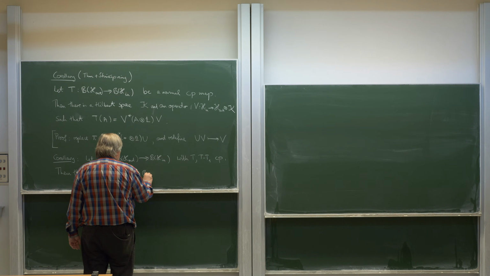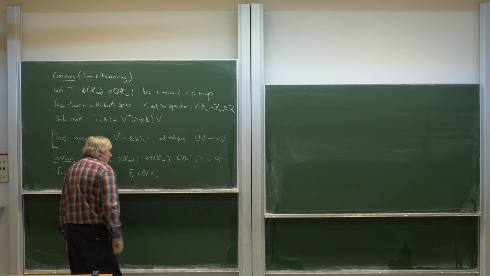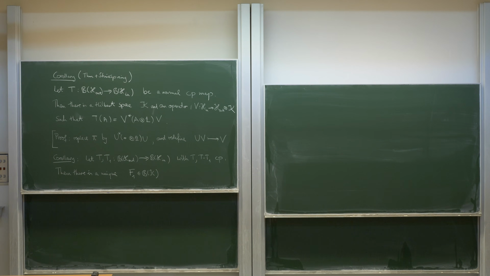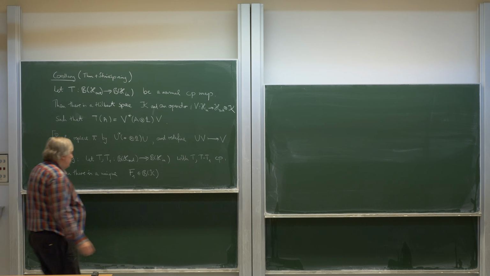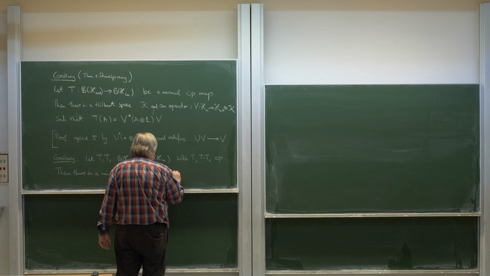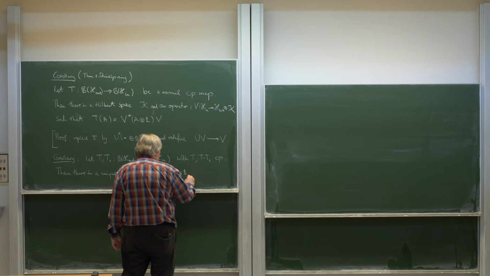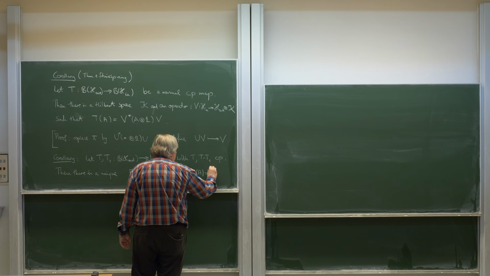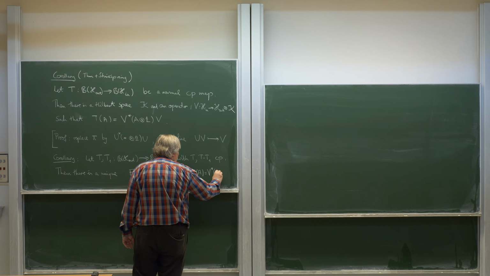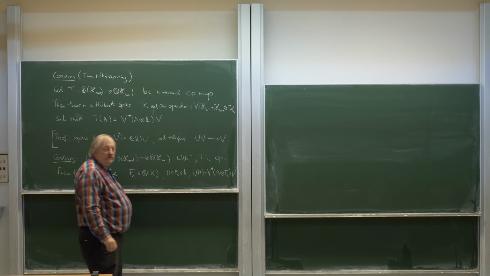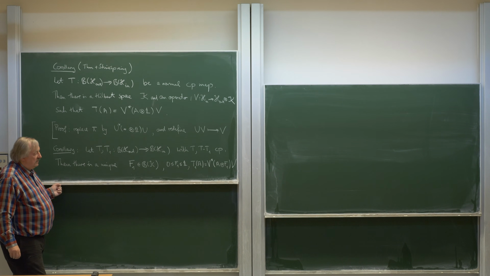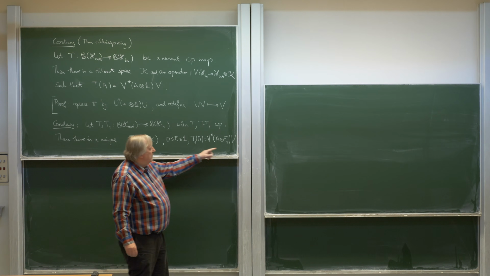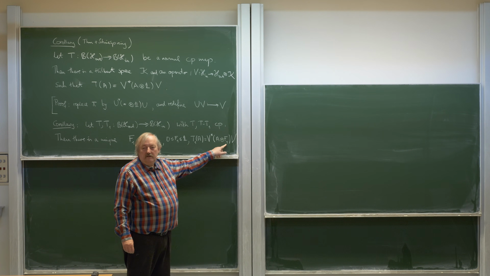This is now an operator on K, and that lies between 0 and 1. And T1 of A is represented as V star of A tensor F1 V. So I just plug the F1 into the second factor here.